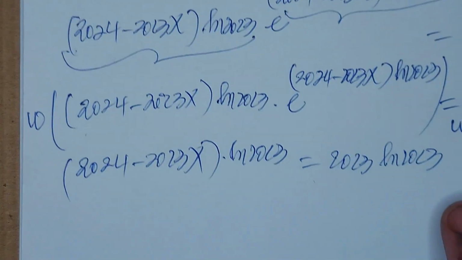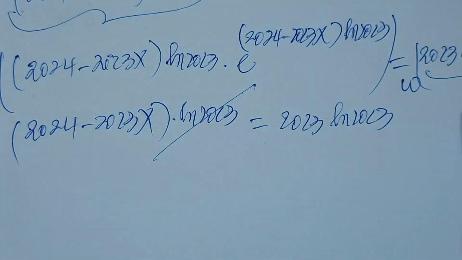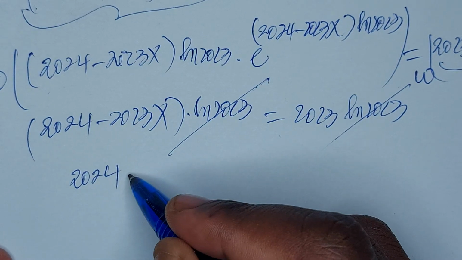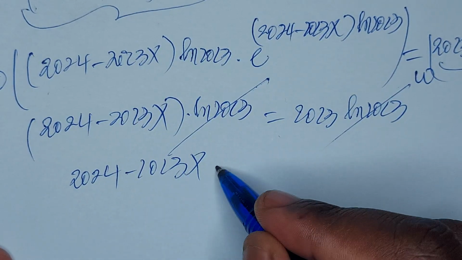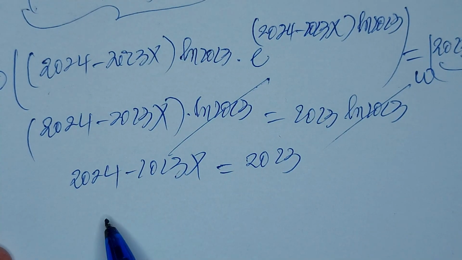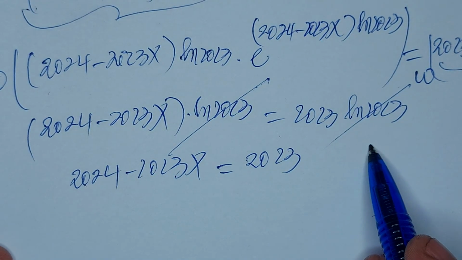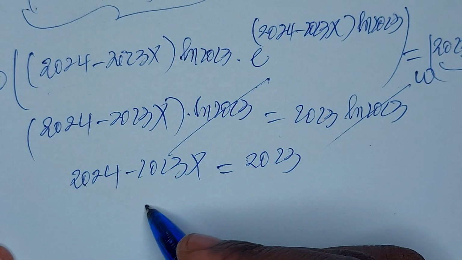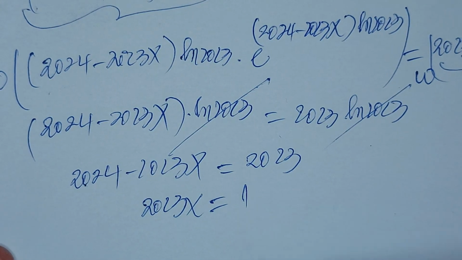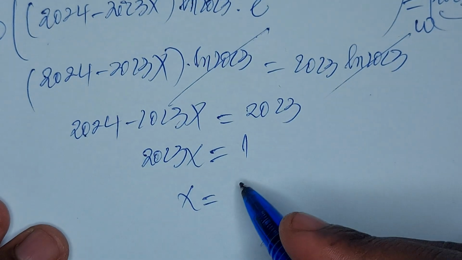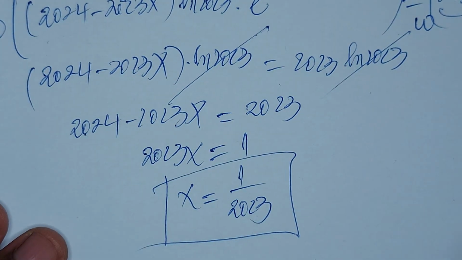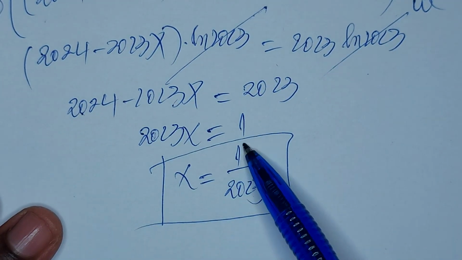As you can see, this one goes with this one, and we have 2024 minus 2023x equals 2023. So this one goes to that side, and we get 2023x equals 1. Then x is equal to 1 over 2023.